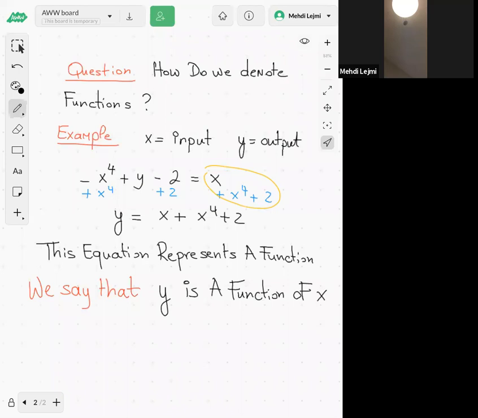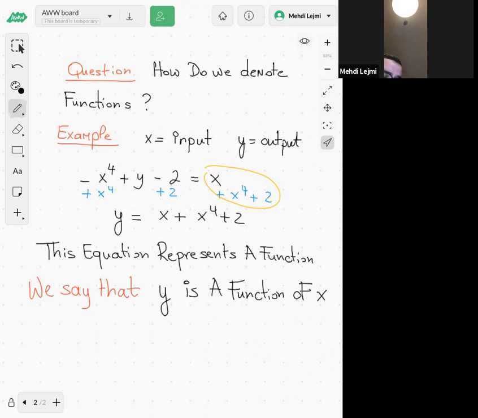The idea here, guys, is that the output Y depends on the input X. For each value of X, you have exactly one output Y. So in some sense, the value of the output Y depends on the value of the input X. That's why we say Y is a function of X.